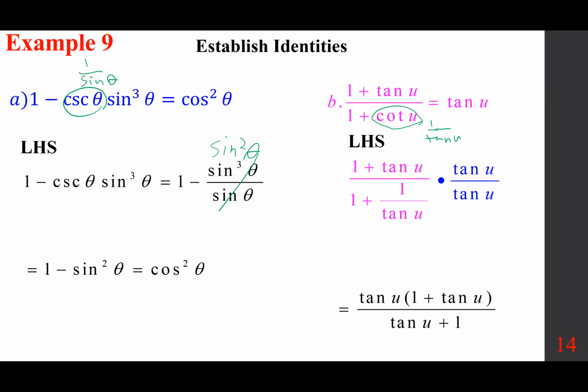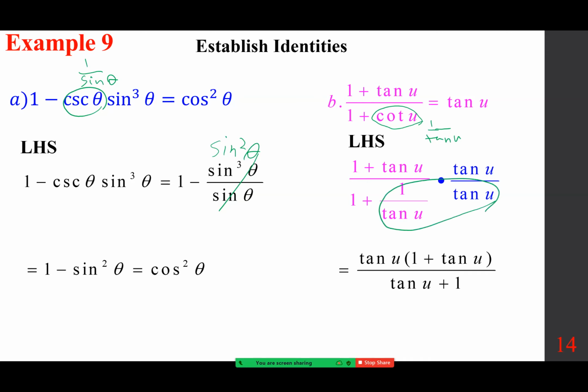So the product of these two is 1. So 1 plus tan u drops from the top and the bottom, and we end up with the right-hand side, tan u. We established this identity.